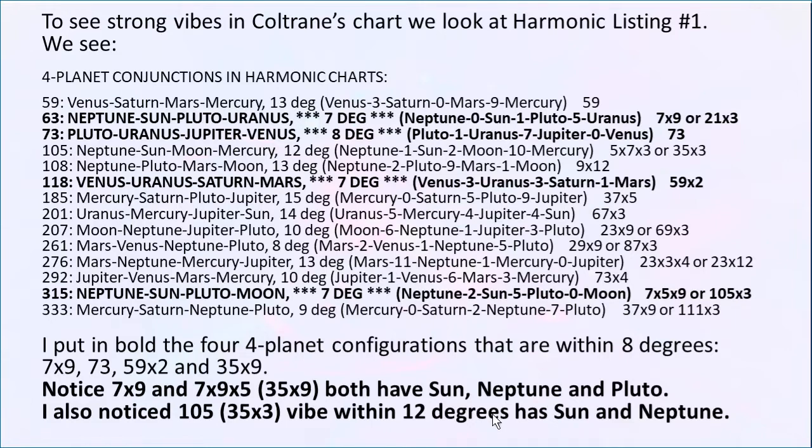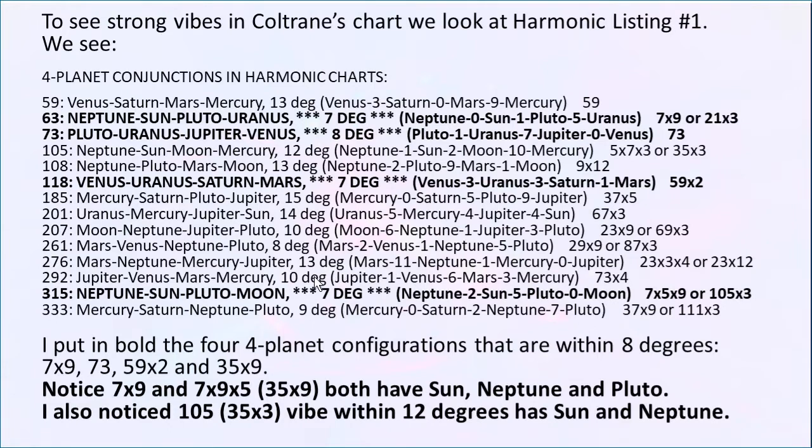This means there's vibrationally something similar. If we look at the 7 times 9 chart, or even the 7 vibration, or the 7 times 3, some of these are appearing as trines, some as quintiles. There's some vibrational similarity. Let's look at the planets. This is Sun, Uranus, Neptune, Pluto. This is Sun, Moon, Neptune, Pluto. So they both have Sun, Neptune, and Pluto in common.